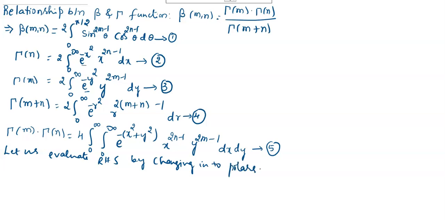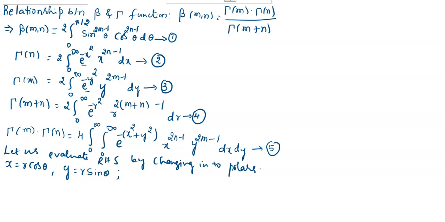What are the polar coordinates we have? x is equal to r cos theta and y equal to r sin theta. This is the relationship between the Cartesian coordinates and the polar coordinates. x and y are called the Cartesian coordinates, r and theta are called the polar coordinates.